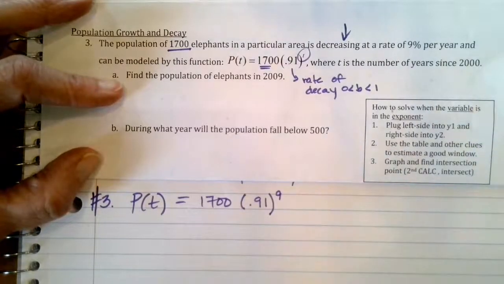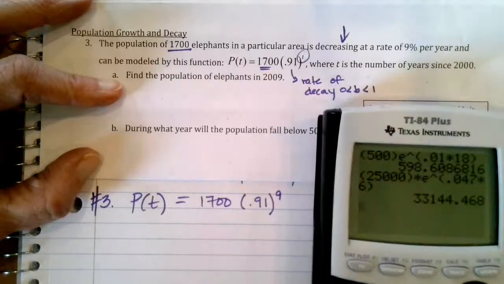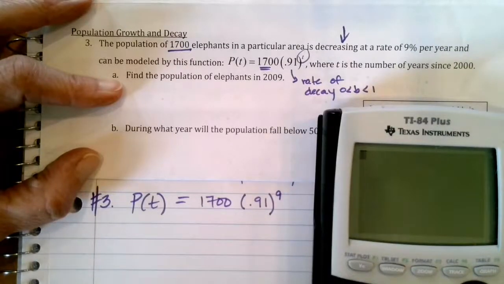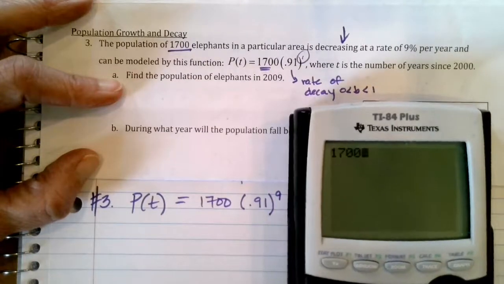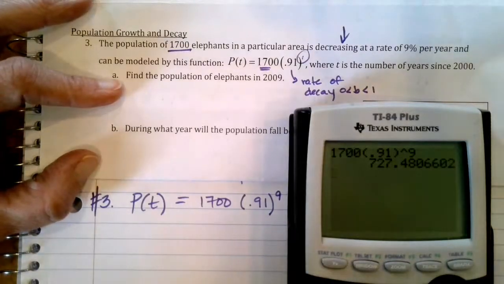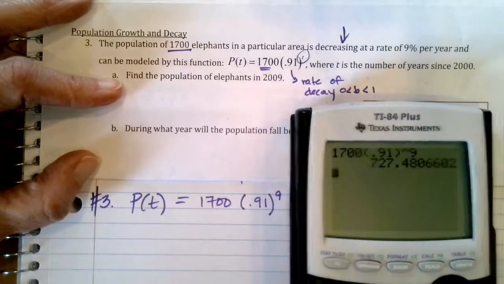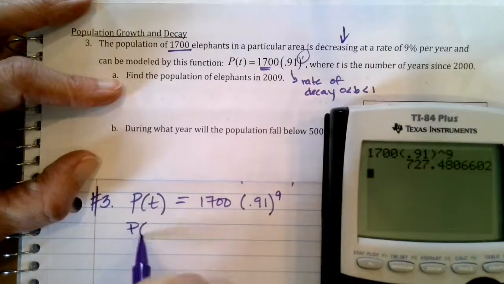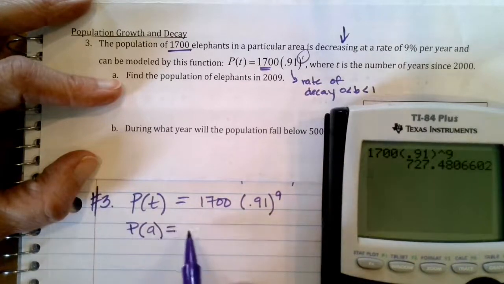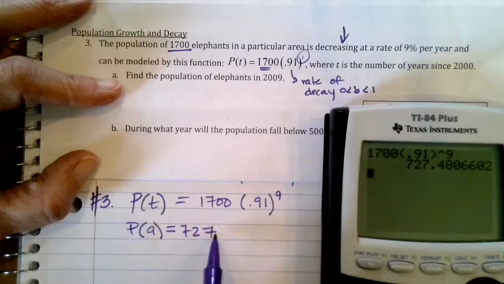When I put that into my calculator, I can recognize that 1,700 elephants decreasing at that rate for 9 years leaves me with only 727 elephants.